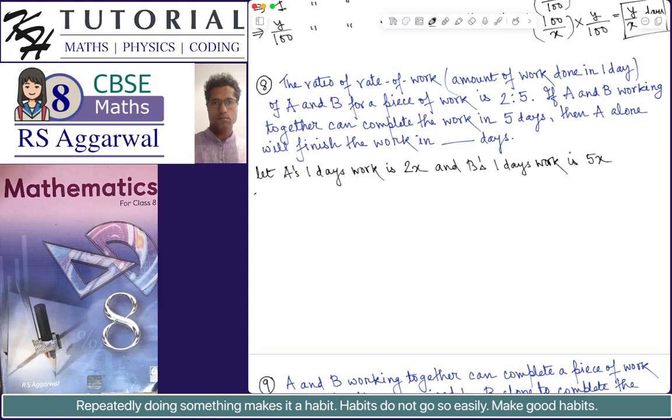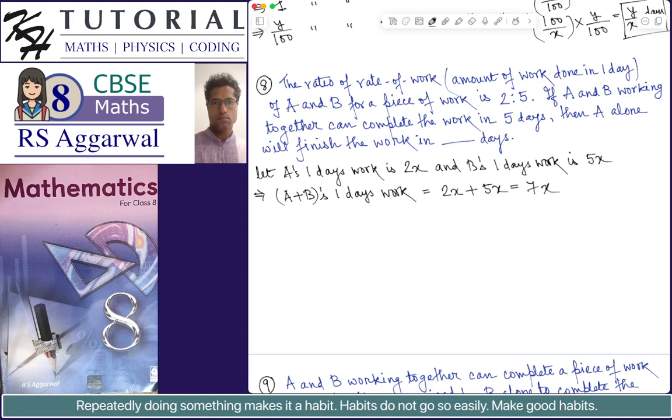So this implies that A plus B's 1 day's work, that is when A and B are working together, the amount of work done by them in 1 day will be equal to 2x plus 5x, which is equal to 7x.